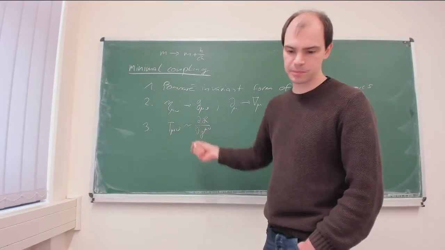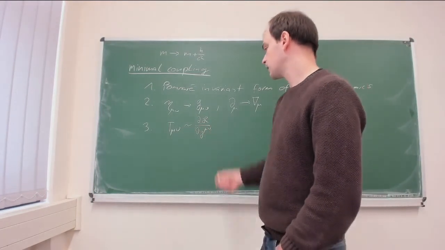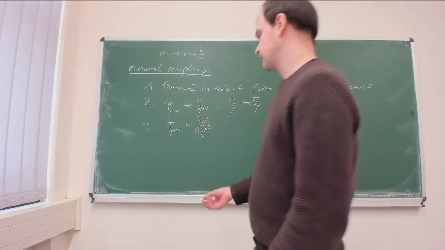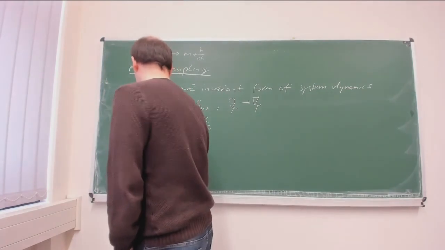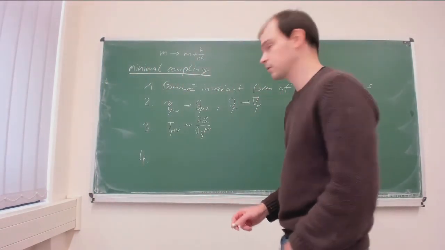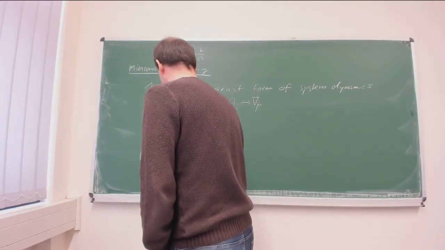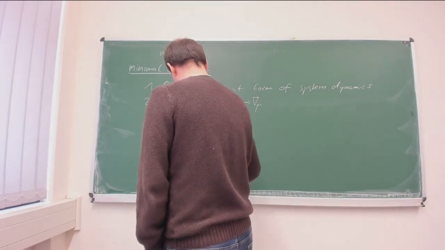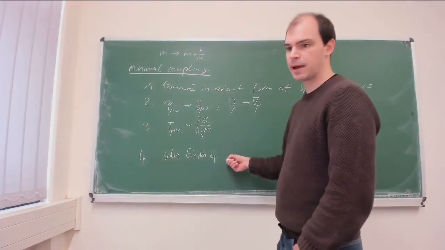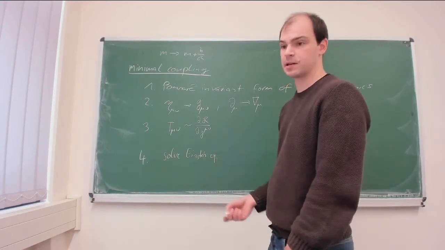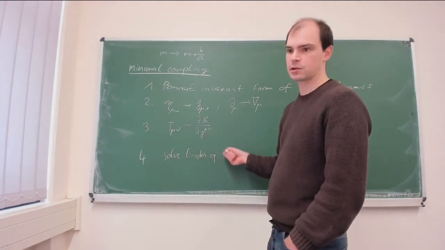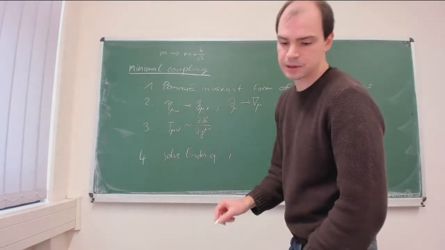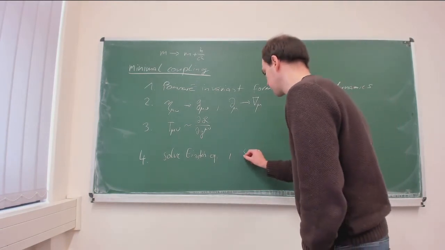What's in front of it depends a bit on which convention you choose, but you can derive a stress energy tensor, and then you have all the ingredients to, in the fourth step, solve Einstein's equations. So then you get the back reaction of matter on space-time. You see how your space-time metric reacts to the matter field. And you solve the equations of motion in this curved space-time.